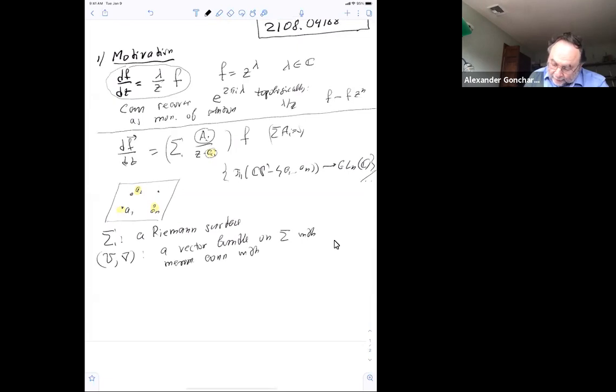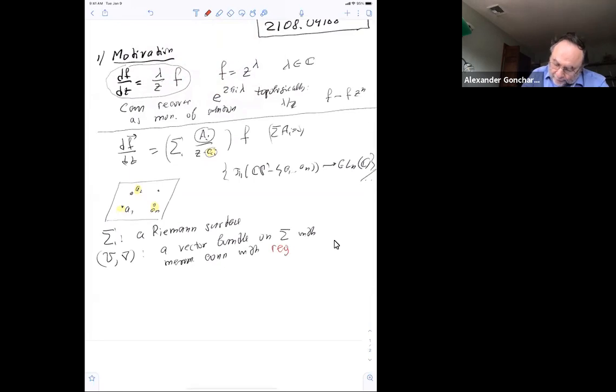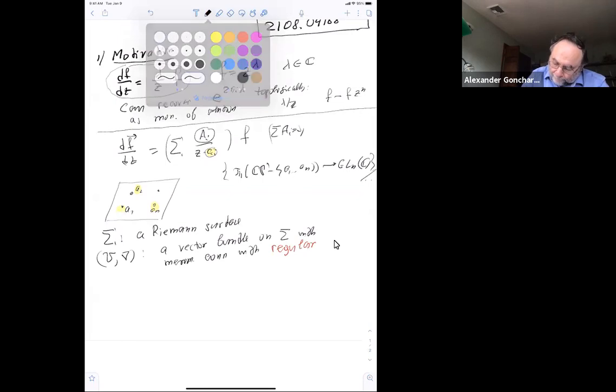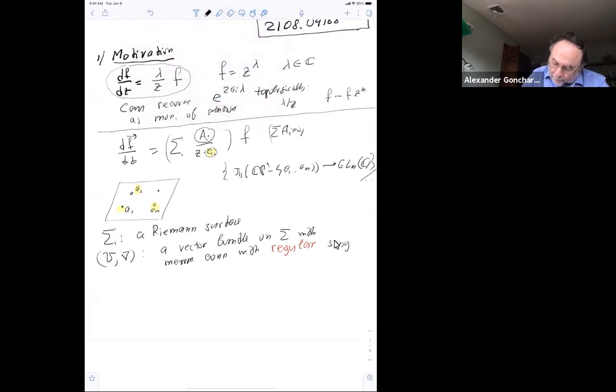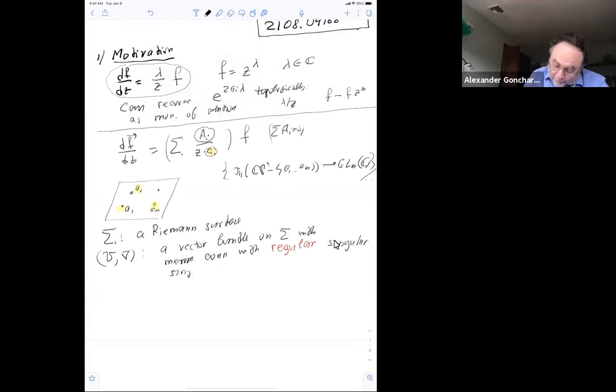It depends; so far I can say regular singularities. In a second, it will be any singularities. Regular means poles of order 1. Yes? And punctures.